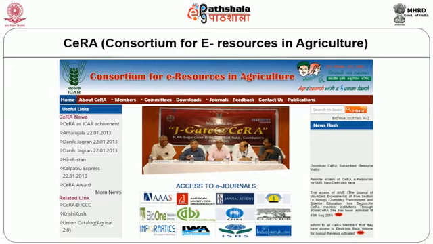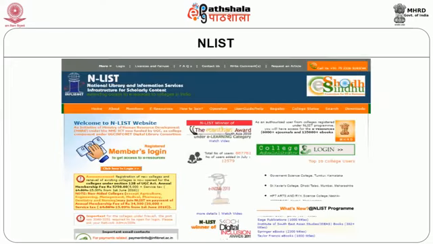It also provides access to 1,818 e-journals and 14,000 books to its member institutions. DAE Consortium, the Department of Atomic Energy Consortium, set up in 2003, caters to information requirement of 36 institutions, including BARC, TIFR and SAMIR.